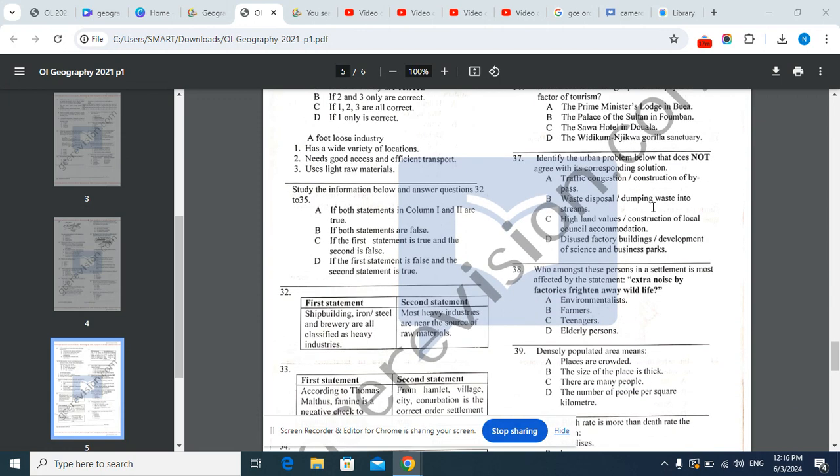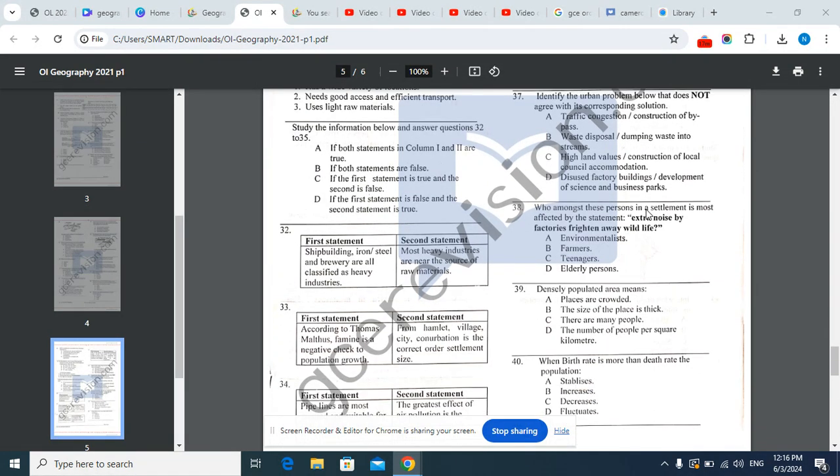Question 32. There is a first and second statement. The first statement says, shipbuilding, iron, steel, and brewery are all classified as heavy industry.